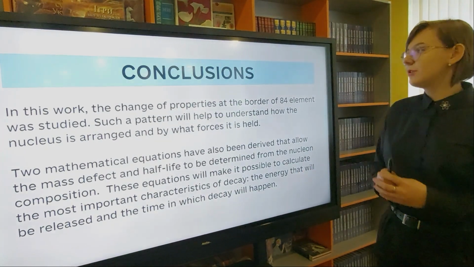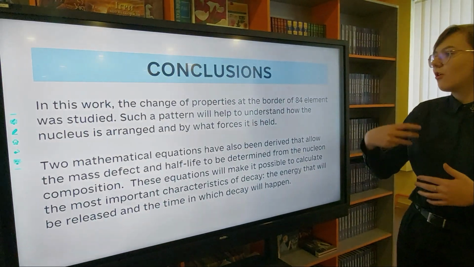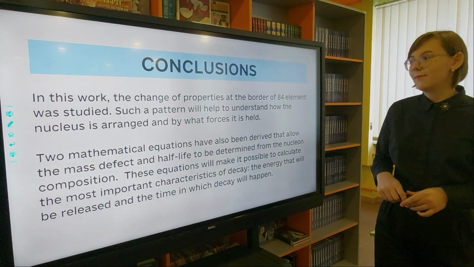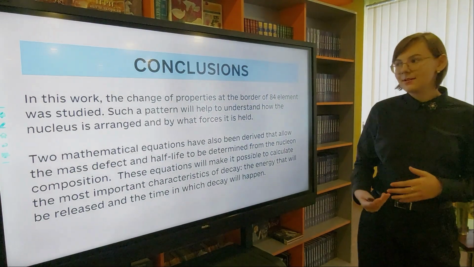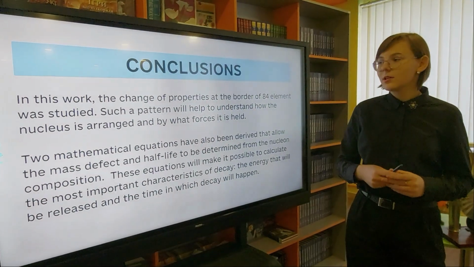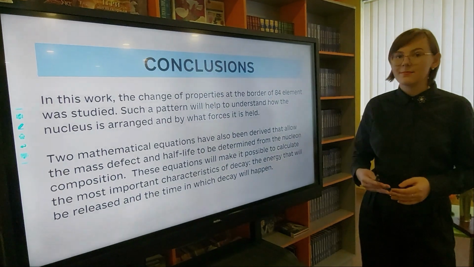So, the conclusions. In the work, the change of properties at the border of element 84 was studied. Such a pattern will help to understand how the nucleus is arranged and by what forces it is held.